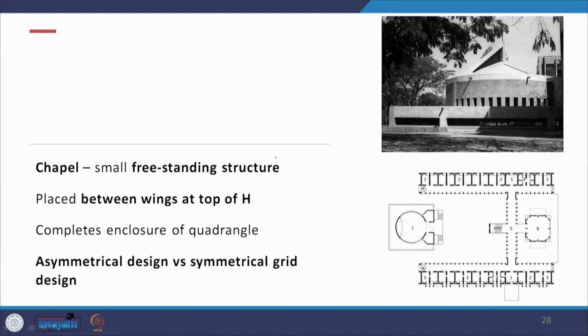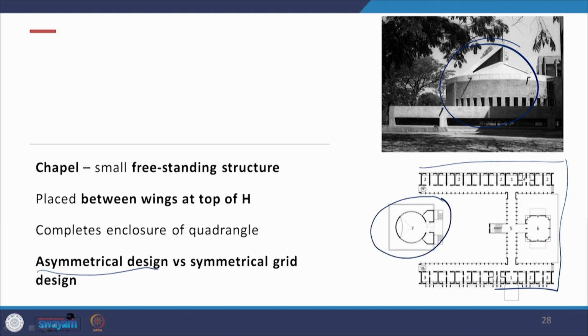Now the chapel, on the other hand, on one hand the entire grid is very symmetrical and very rigid. On the other hand, the chapel itself breaks that grid completely and it becomes an asymmetrical design on one end of the quadrangle. By being here, it does another simple thing, is that it closes the quadrangle.